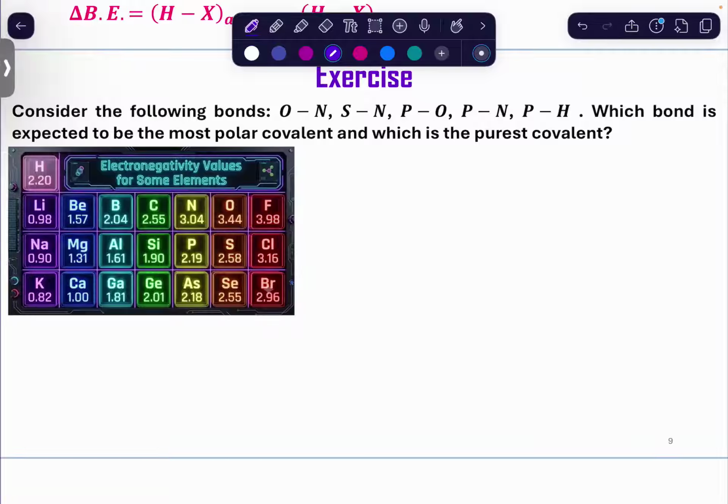Okay, so I'm going to write down some electronegativities. Now I do this, yeah, you have them in the table to the left, but you won't always have that.